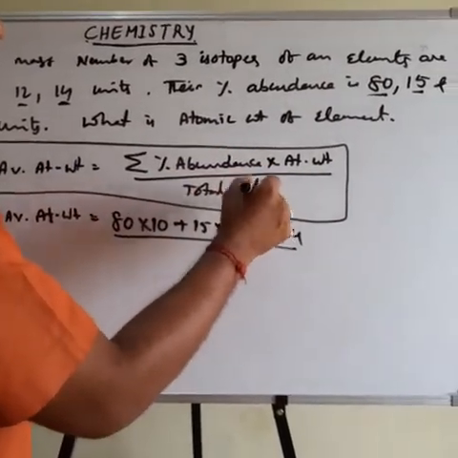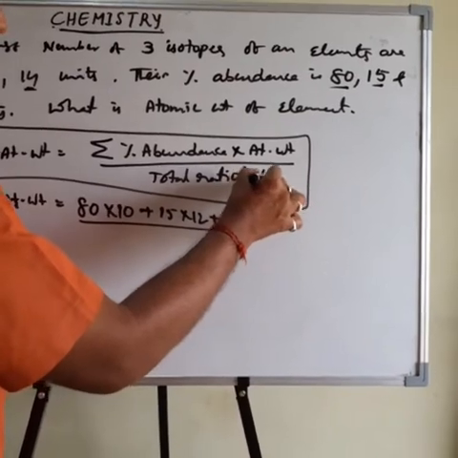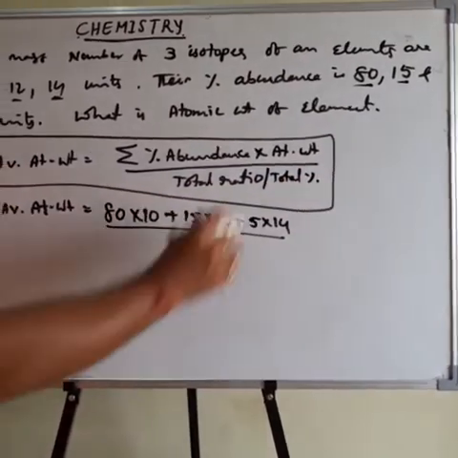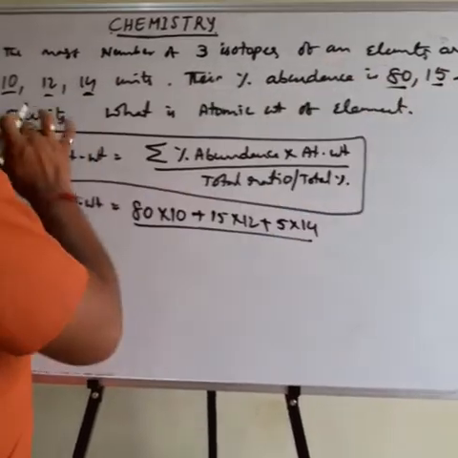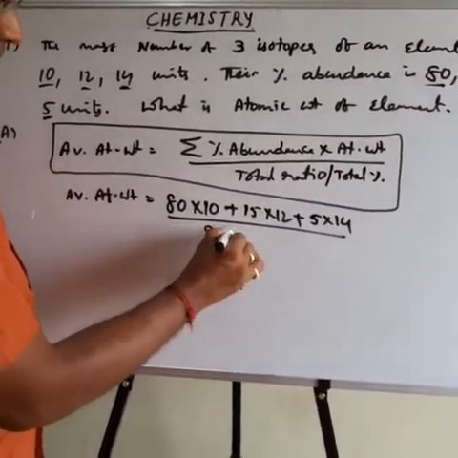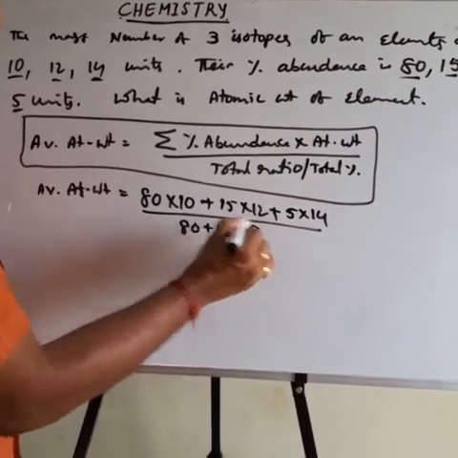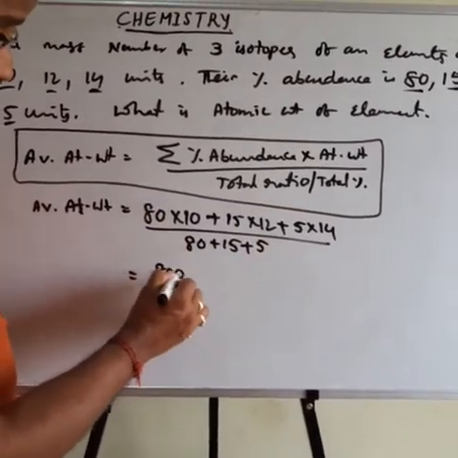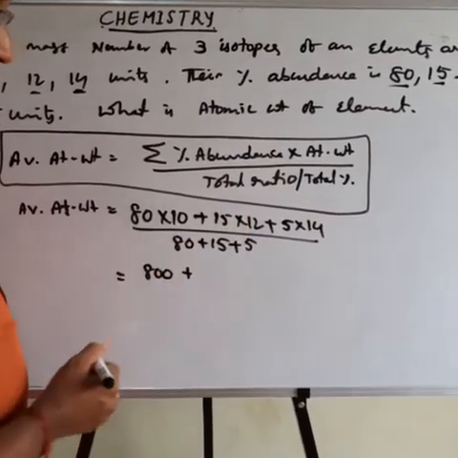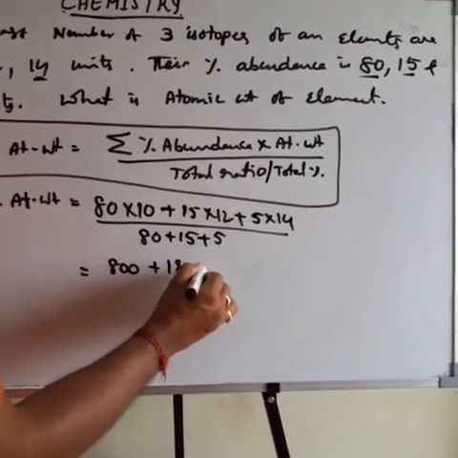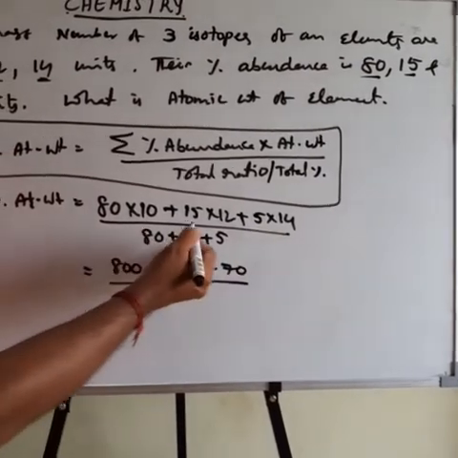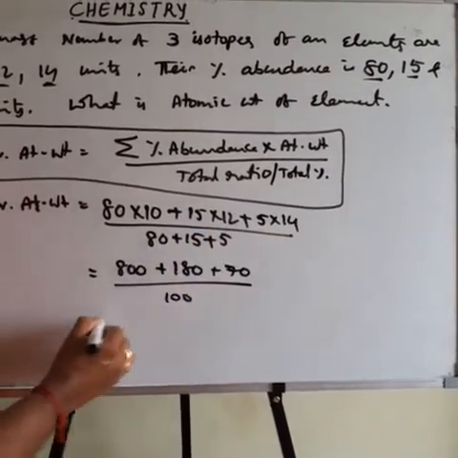Total percentage means 80 plus 15 plus 5. Therefore, 80 into 10, 800, plus 15 into 12, 180, plus 14 into 5, 70, divided by 80 plus 15 plus 5, 100.